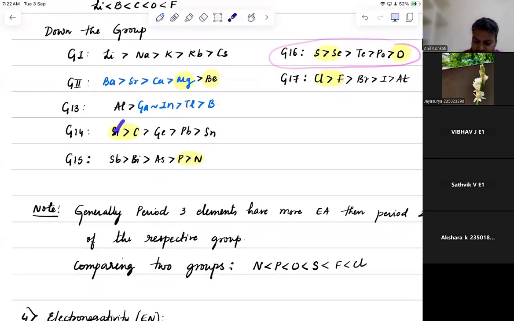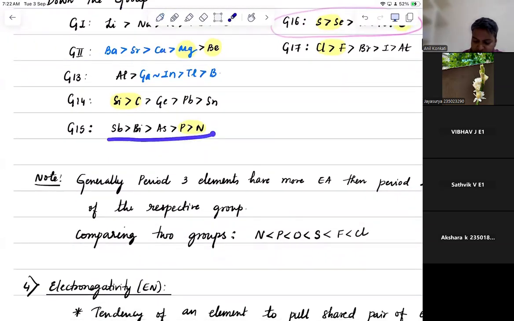Next, here you will notice silicon is greater than carbon, greater than germanium, greater than lead and tin. Group 15 is exactly opposite. Here you will notice that antimony and bismuth are almost the same, greater than arsenic, greater than phosphorus, greater than nitrogen. In fact, sorry, bismuth should be here, slightly greater.